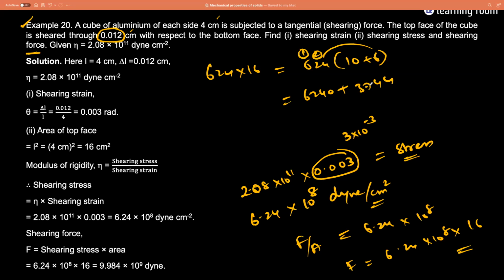So you are going to get 3744. Adding, the answer is 9984. So put 2 decimals to the left: 99.84 into 10 power 8, or 9.984 into 10 power 9.